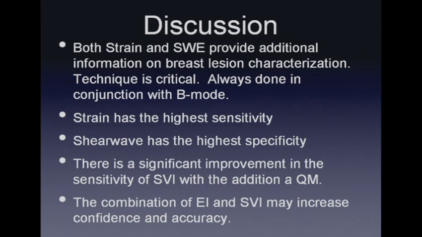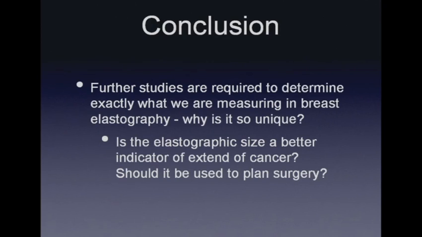There is a significant improvement in the sensitivity of shear wave imaging with the addition of a quality measure. And the combination of strain and shear wave increases our confidence and accuracy. Further studies are required for us to exactly determine what we're measuring in breast elastography and why it is so unique compared to other organs.